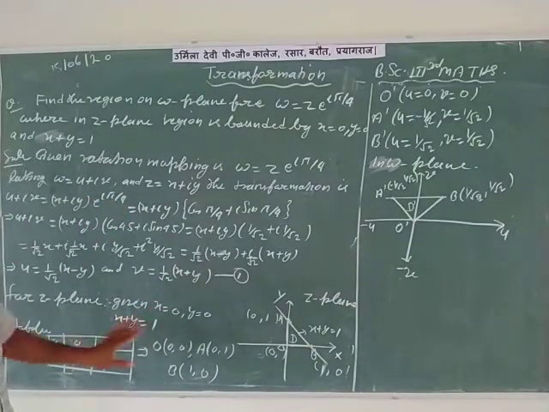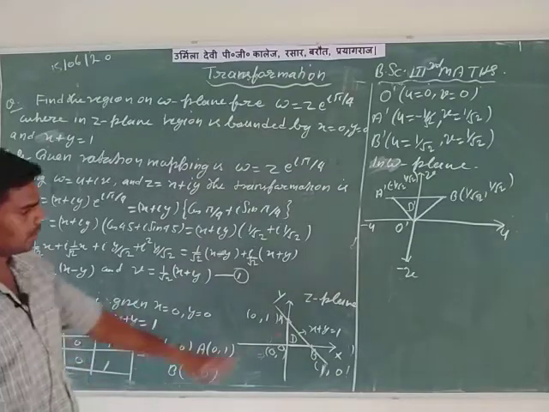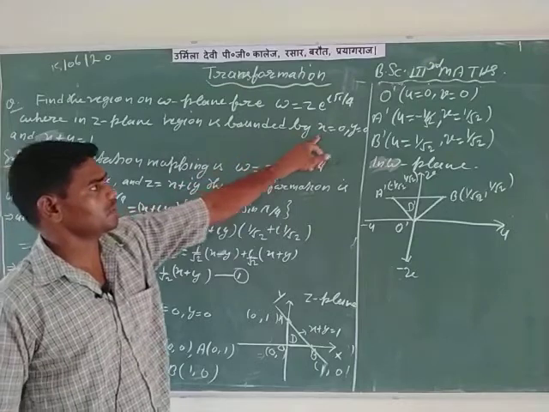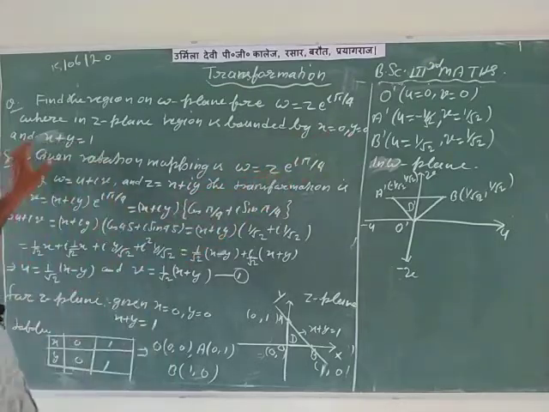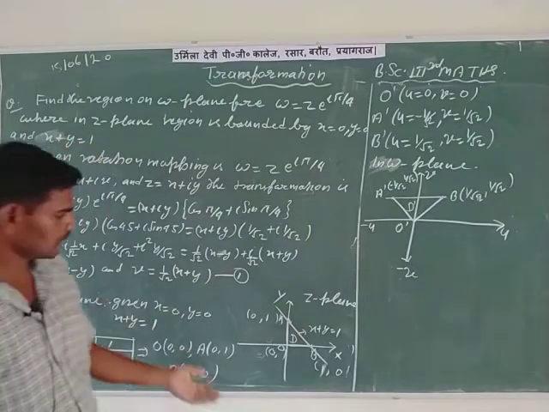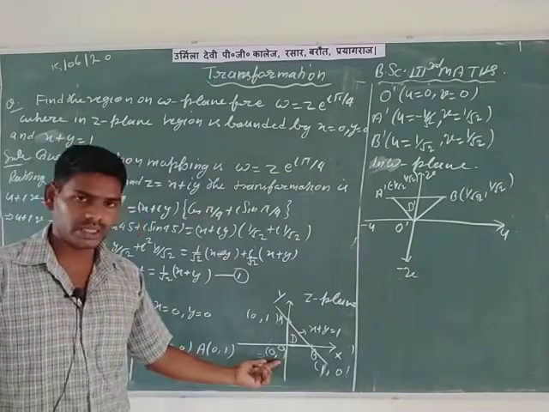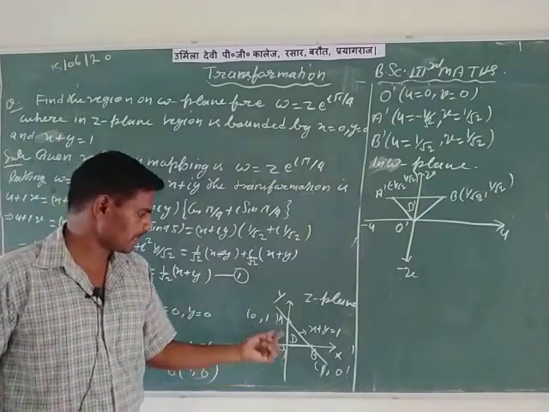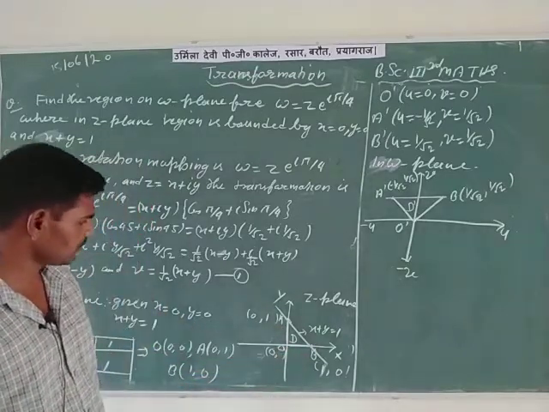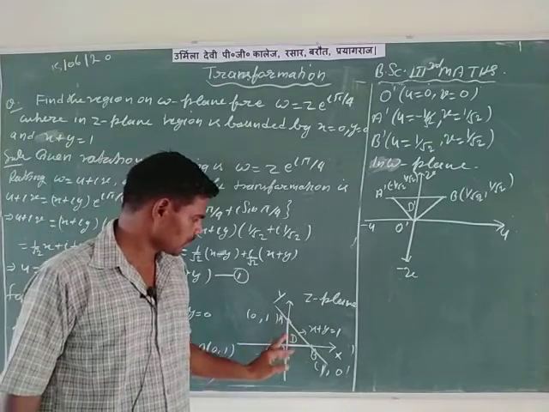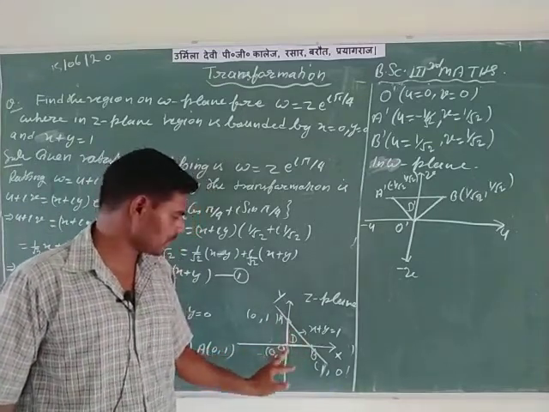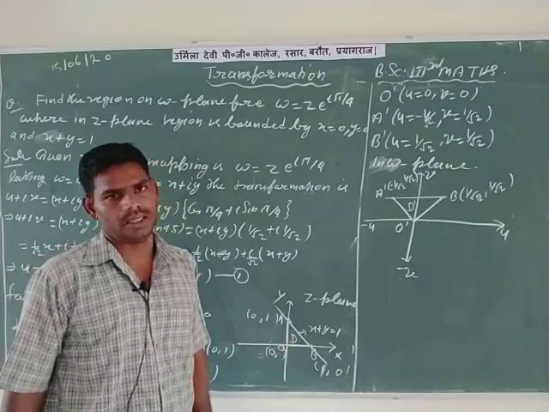First draw a figure on the Z plane by the given conditions x is equal to 0, y is equal to 0 and x plus y is equal to 1. In the Z plane draw these points, capital O, capital A and capital B, and join them by lines. This is the triangular domain in the Z plane denoted by capital D.